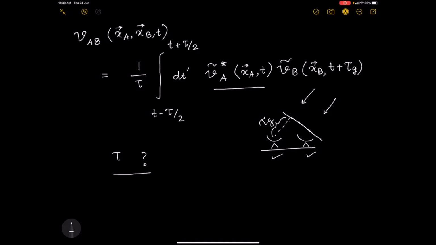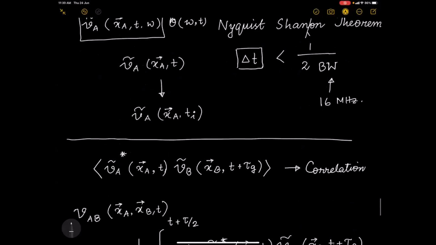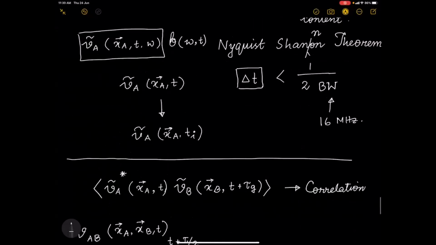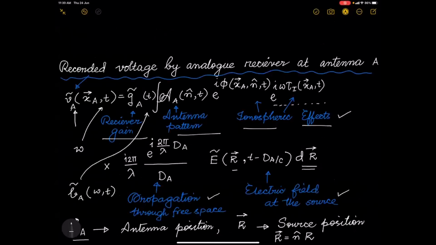So what you do is you choose this tau to be much smaller than the time scale of variation of any of these quantities, but much larger than the time scale of variation of the electric field at the source.